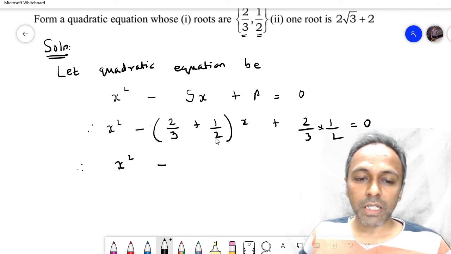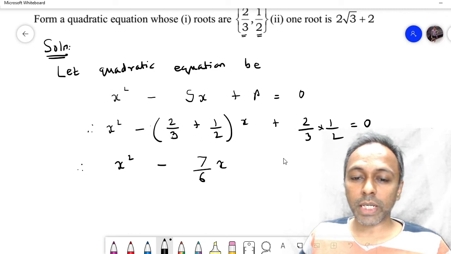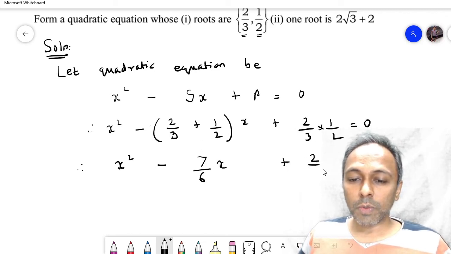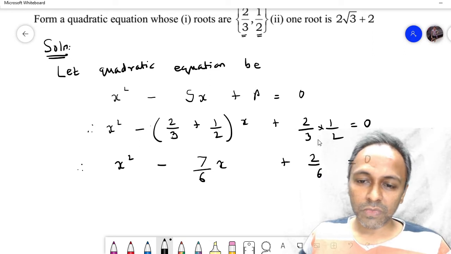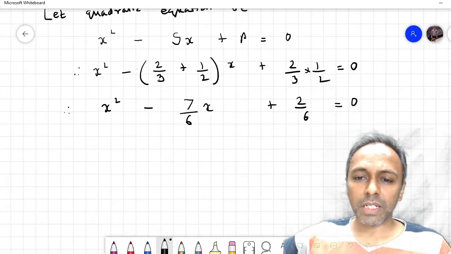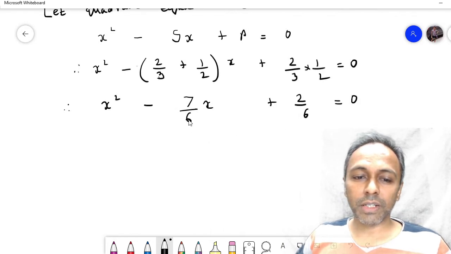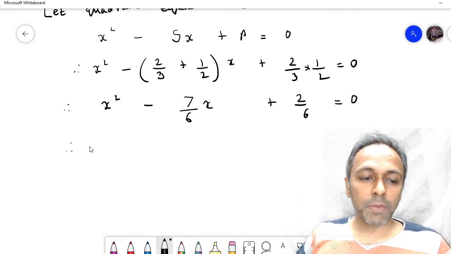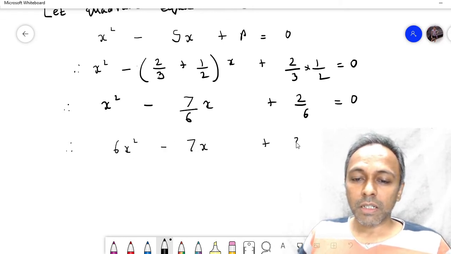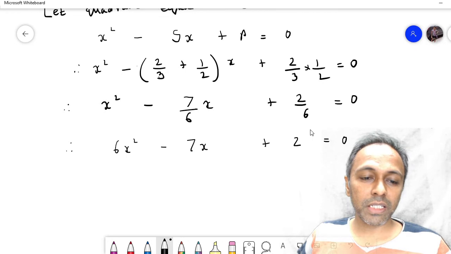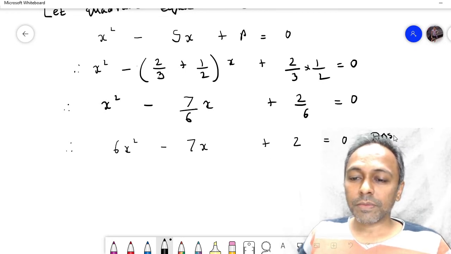Therefore x square minus, taking the LCM, 2 2s are 4 plus 3, 7 upon 3 2s are 6 into x plus 2 upon 6 is equal to 0. Multiplying by 6, it becomes 6x square minus 7x plus 2 is equal to 0. We have multiplied throughout by 6, and this is your required answer.